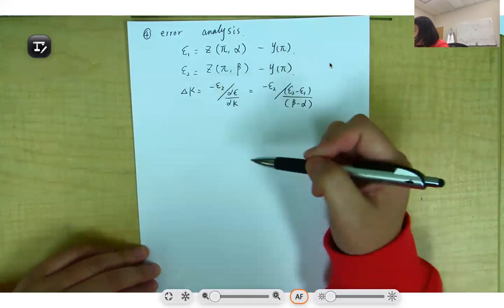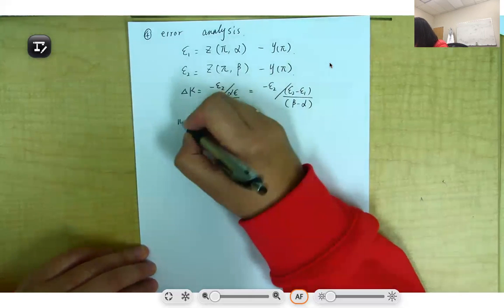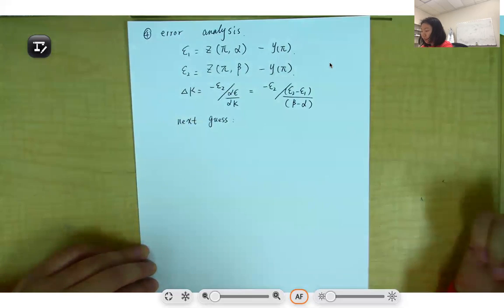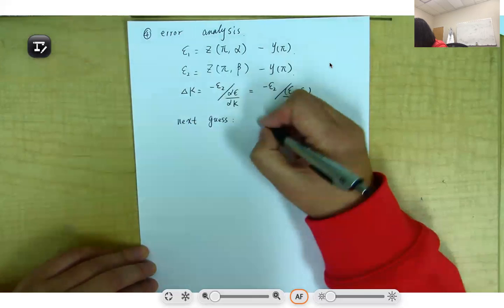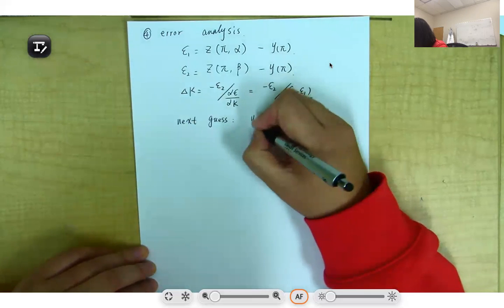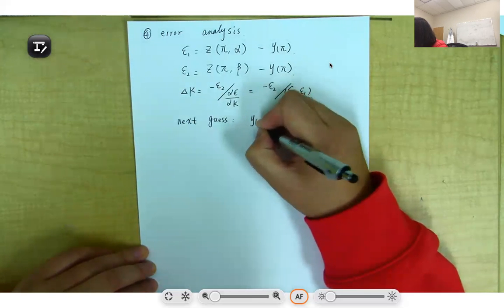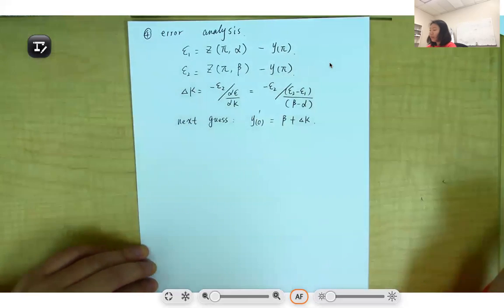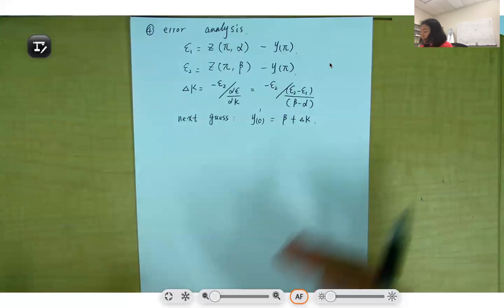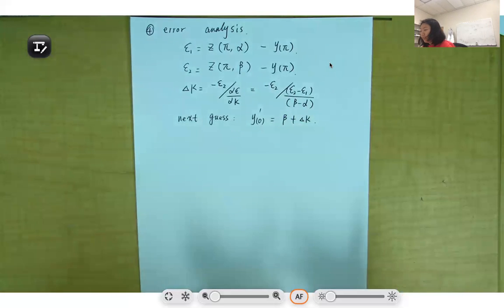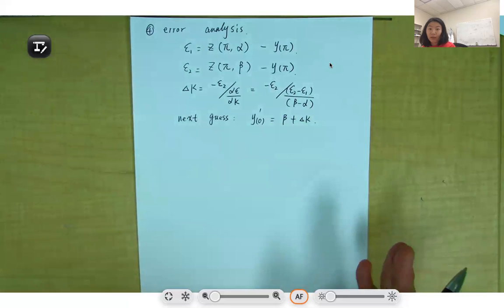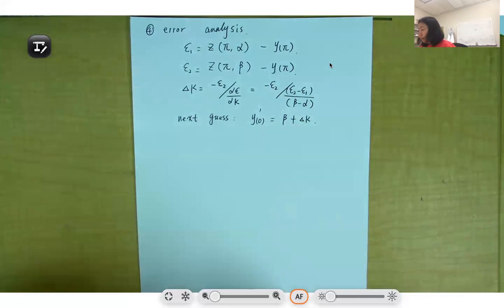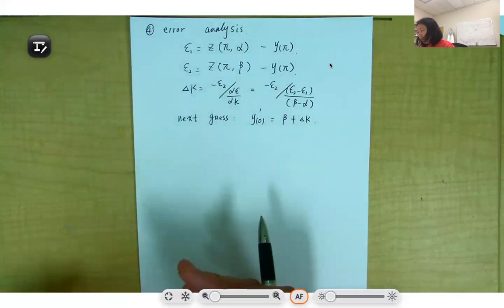And then you do the next guess, which will be based on this delta k. So the next guess will be y'(0) equal to beta plus delta k. You will do this next guess and solve the IVP and see if that meets your tolerance or not. Until it meets the tolerance, then you finish your BVP problem.